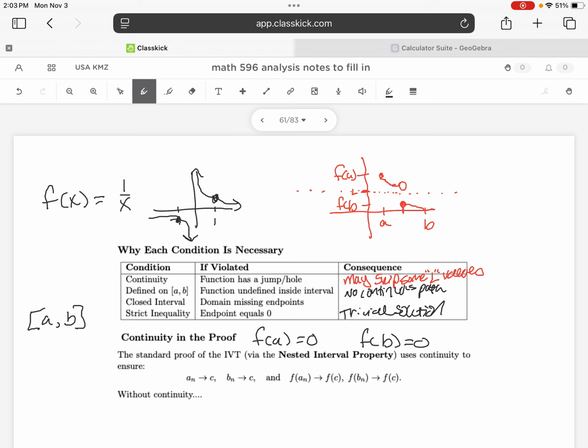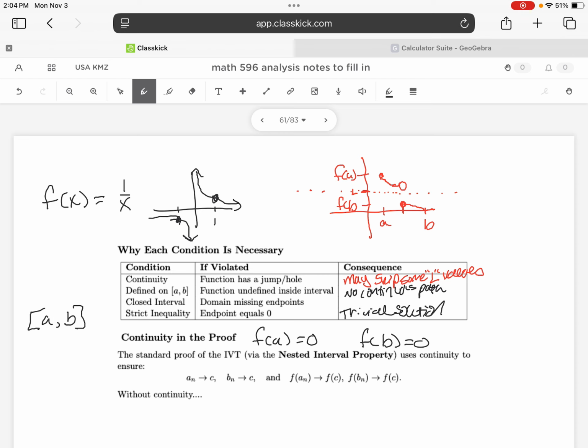So all of those assumptions are going to be important for the intermediate value theorem to actually hold as a theorem. So the standard proof of the intermediate value theorem, which uses a nested interval property, uses continuity to ensure that as a sequence A sub n of left endpoints and a sequence B sub n of right endpoints both approach C, f of A sub n approaches f of c, and f of b sub n approaches f of c.